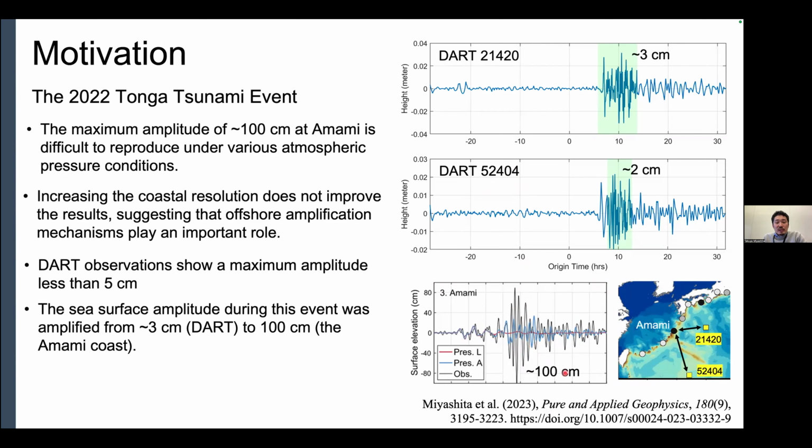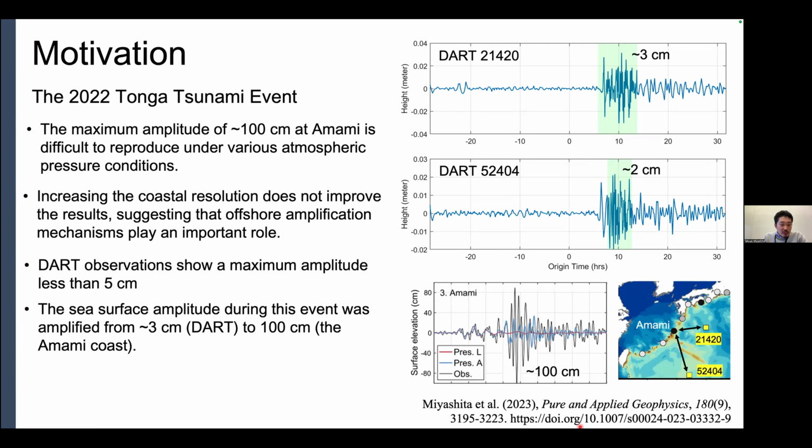However, reproducing this large amplitude was very difficult. Even when we increased the coastal resolution to properly capture the bay resonance, the result did not improve significantly. This suggests that there may be some amplification mechanism offshore.